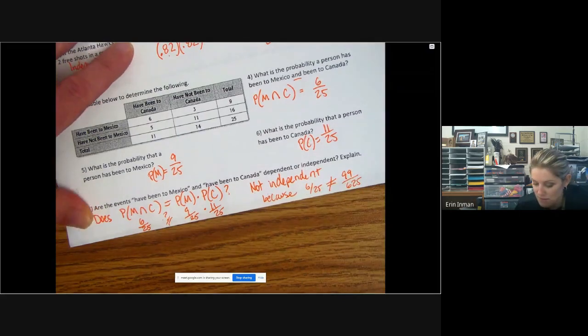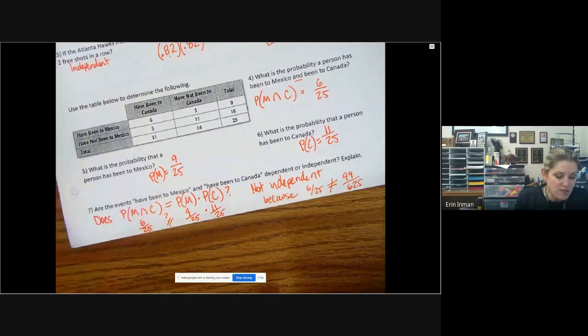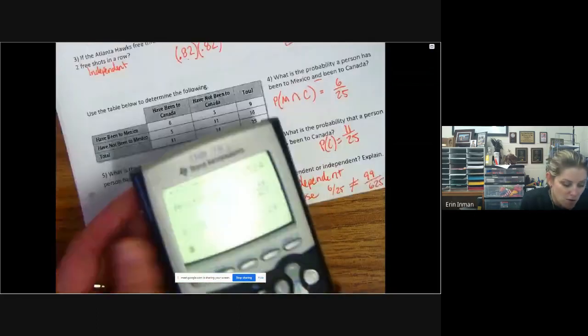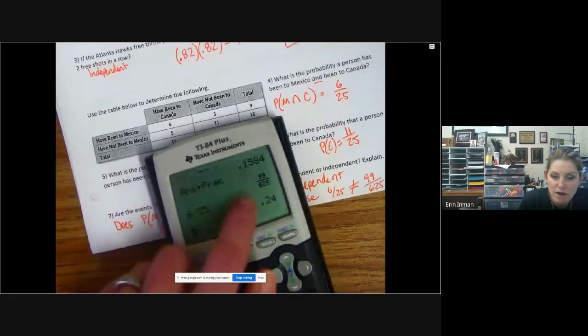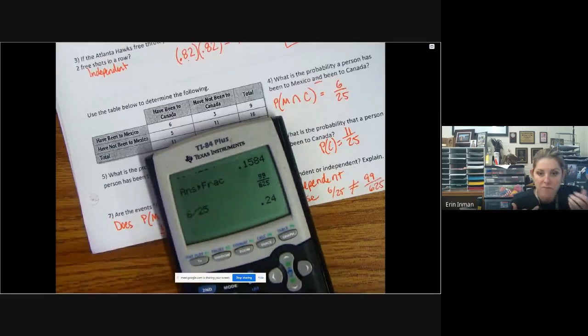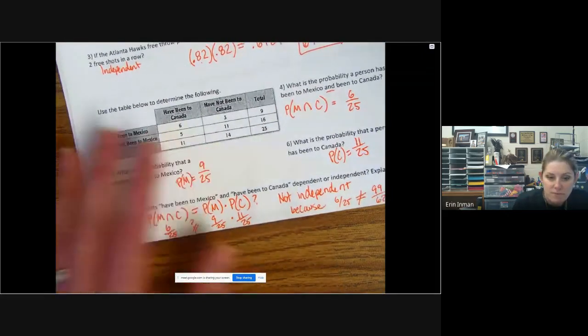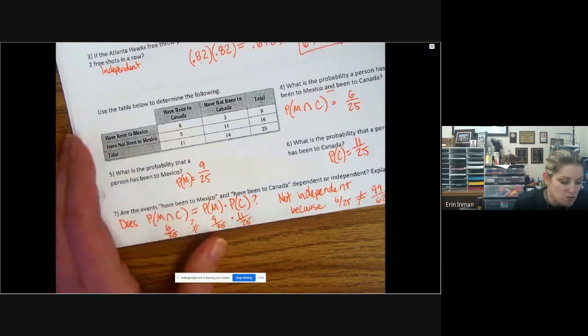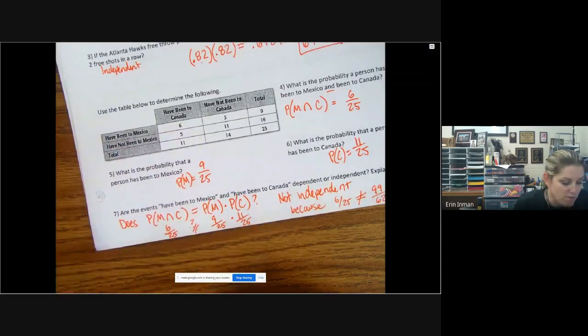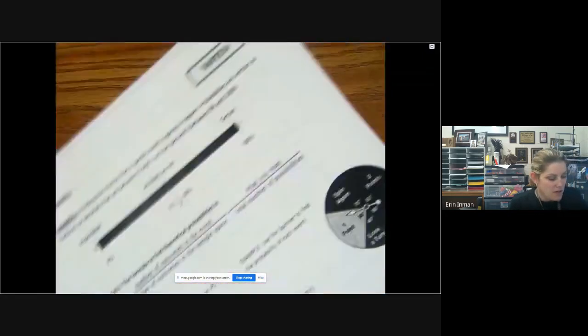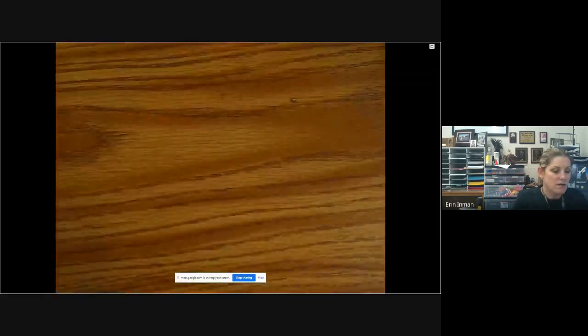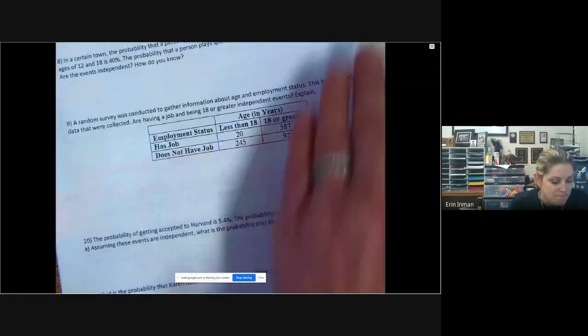I said 6 divided by 25, that's 0.24. So this looks crazy, like, oh, no way. But really, when we compare the decimals, they're not way out there, but they're not the same. So if it's not independent, this would be dependent then. So there is some sort of relationship between that travel. Okay, let's look at a couple other examples here on the back.